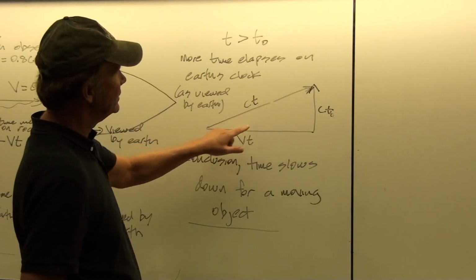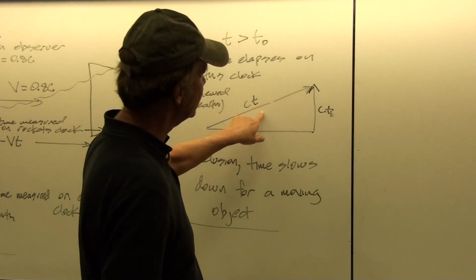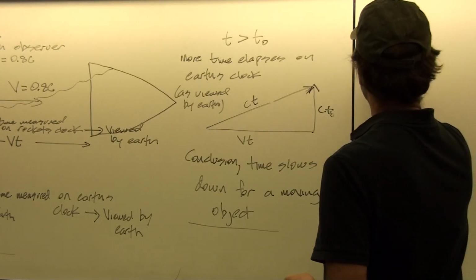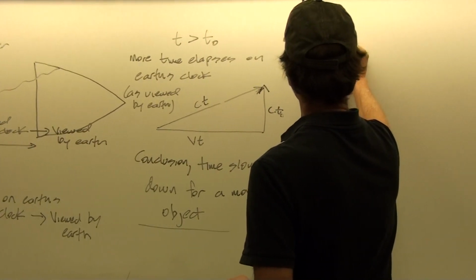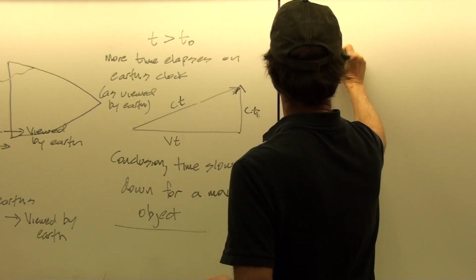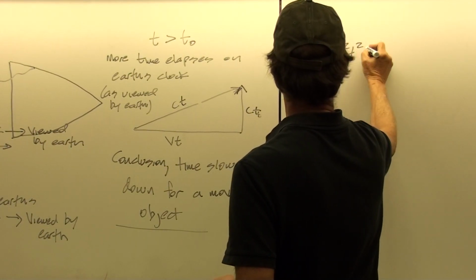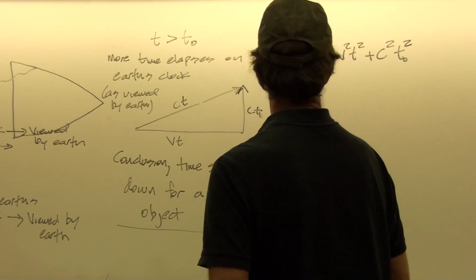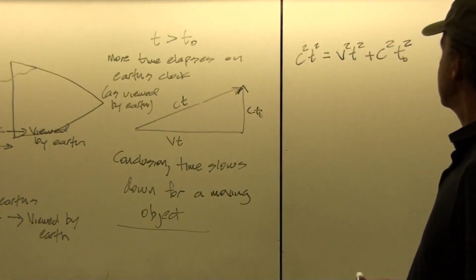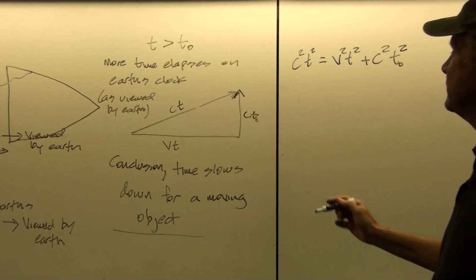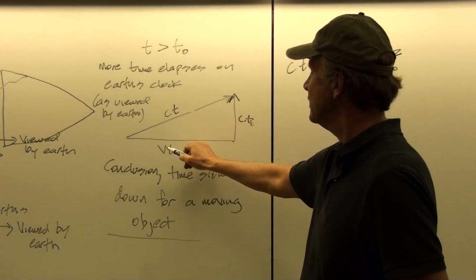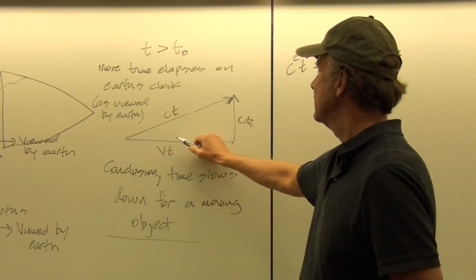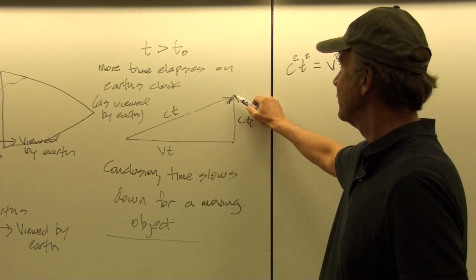So if we go back to this picture, we can set up an equation using the Pythagorean theorem. We can say that c squared t squared equals v squared t squared plus c squared t naught squared. Here, basically, we're just satisfying the Pythagorean theorem where this time must be the time measured by the Earth's clock, because this distance is 0 from the rocket's point of view.